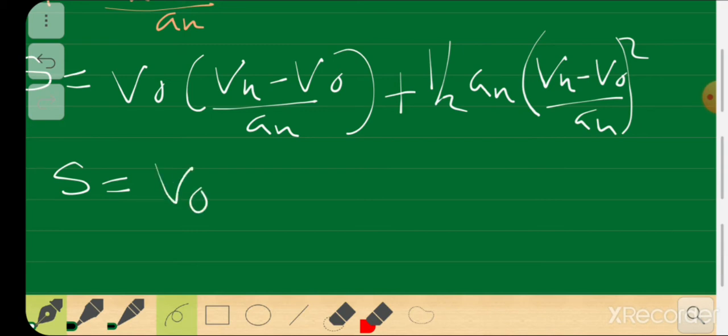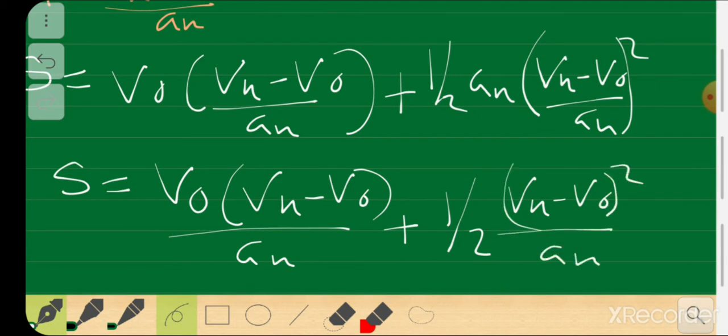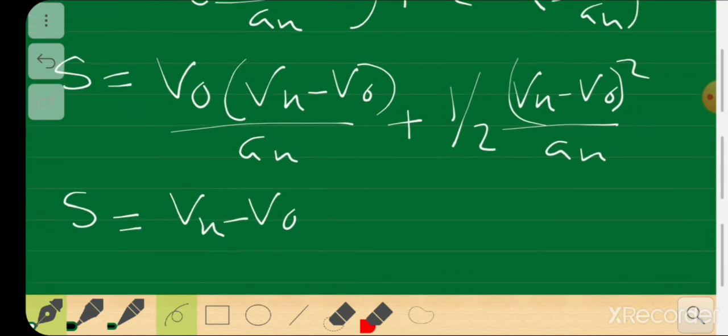So v0 times (vx minus v0) by ax plus ax and ax cancel, so you get half of (vx minus v0) the whole square by ax, right? So now I can take (vx minus v0) by ax outside.